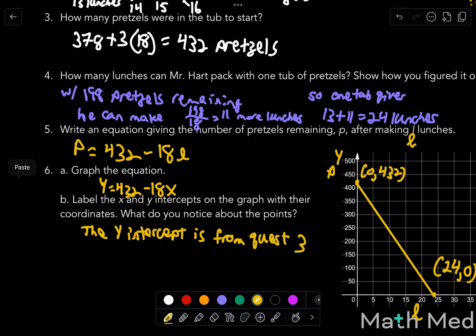Okay. And it represents how many pretzels are in the tub to start.